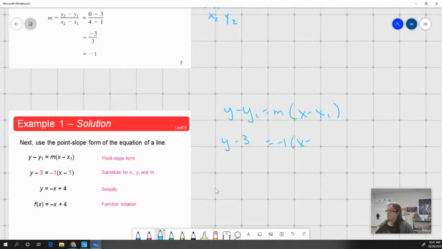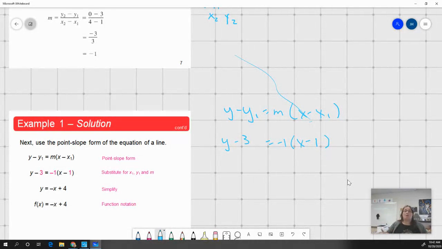My x1 is 0. Oh, sorry, my x1 is 1. I was looking at the other point. Let me erase that. And then I can just go ahead and solve.